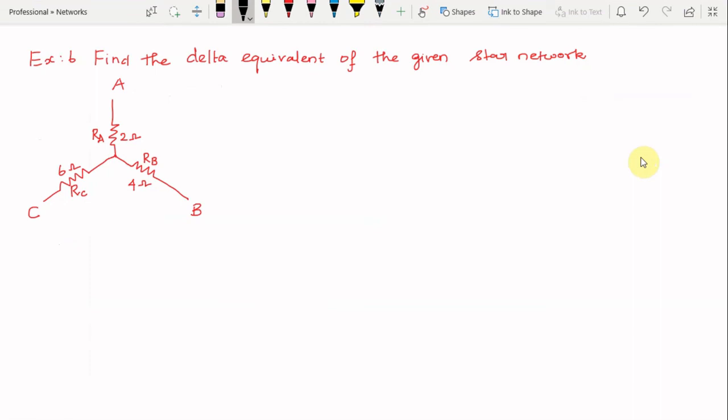So this is the 6th problem that we are going to solve today. We have to find the delta equivalent of the given star network. So we have the formula for that: RAB is equal to RA RB plus RB RC plus RC RA divided by RC.